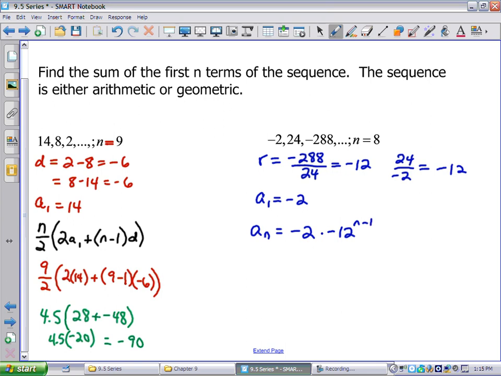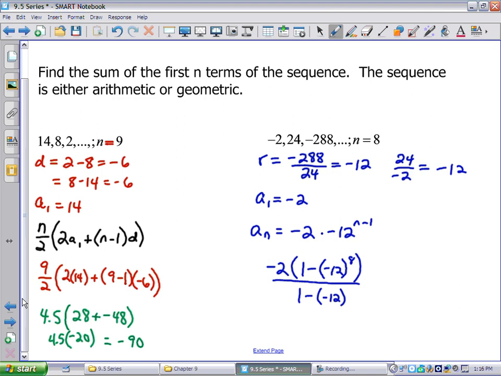All right, so using our sum formula says a sub 1, which is negative 2, times the quantity of 1 minus your r, and r is negative 12, raised to the power of n, and n here was 8. That's all over 1 minus a negative 12.